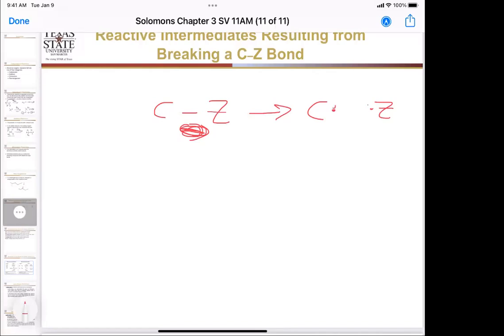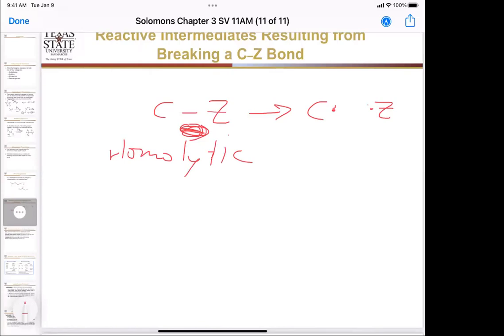And we call that homolytic cleavage because they each leave with the same number of electrons. Homolytic cleavage. Now, if there's a big enough difference between the electronegativity of the carbon and the Z, then the Z wants the electrons more, usually.